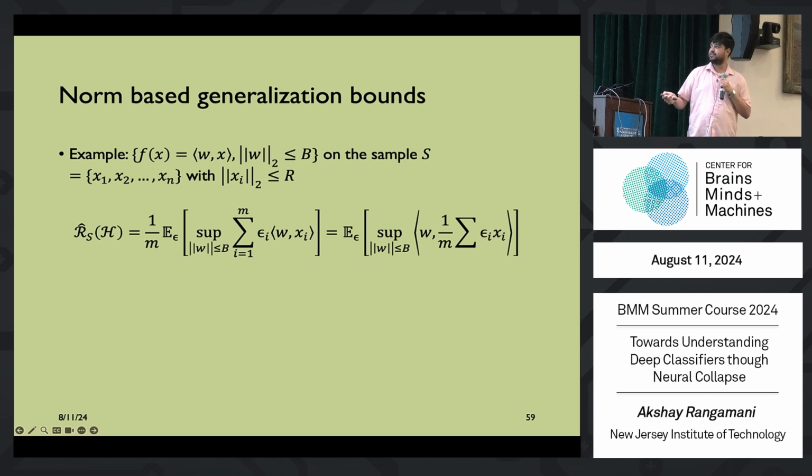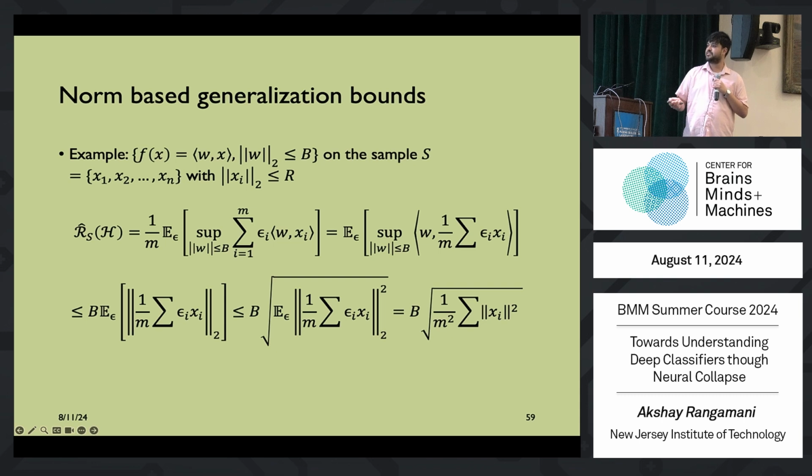So first, start off with the expression, and then just make this into an inner product between W and the sum of all the vectors multiplied with their signs. And now hopefully you know how to bound this using Cauchy-Schwarz, and you can pull the norm factor out of here, and then you have the expected norm of this.